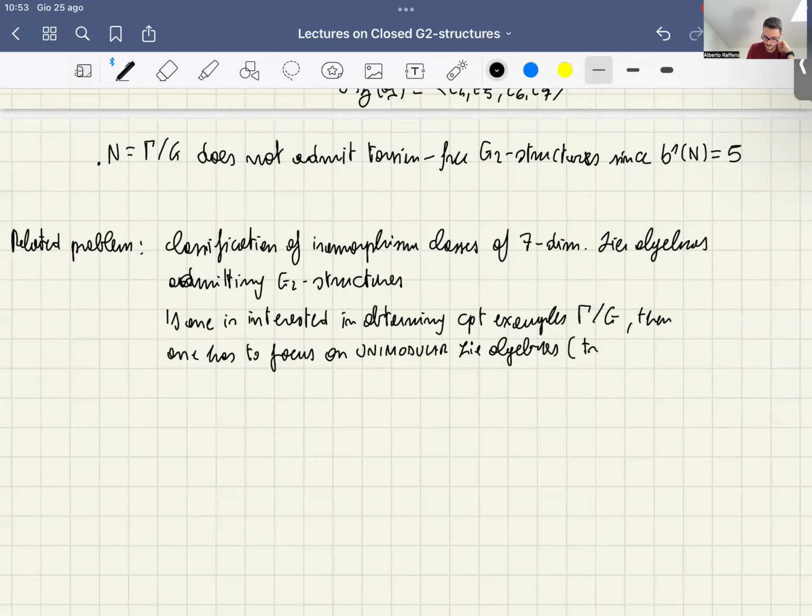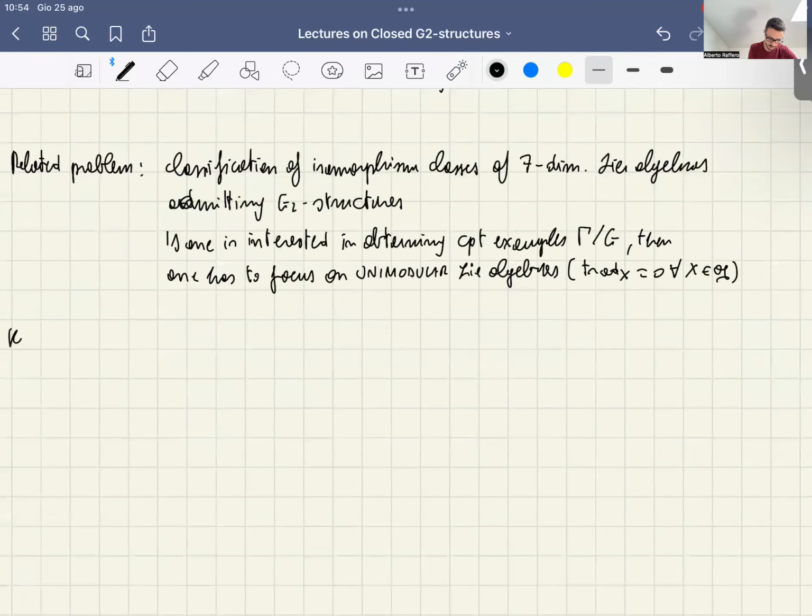Which means that the trace of the adjoint of X is 0 for each vector X in the Lie algebra. And this is because Milnor proved that this is a necessary condition on a Lie algebra for the existence of lattices on the corresponding simply connected Lie group.